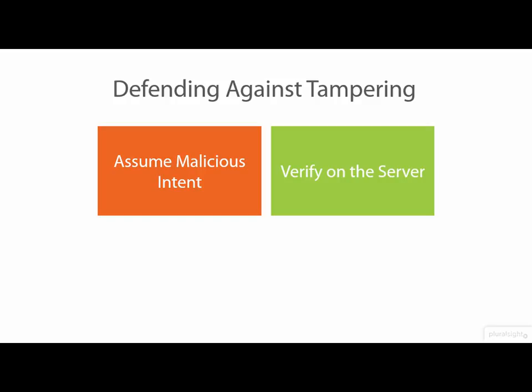It trusted the client. It didn't independently say, is this actually the user trying to vote? So verification on the server is critical because you can't trust the untrusted data that comes via the HTTP request.